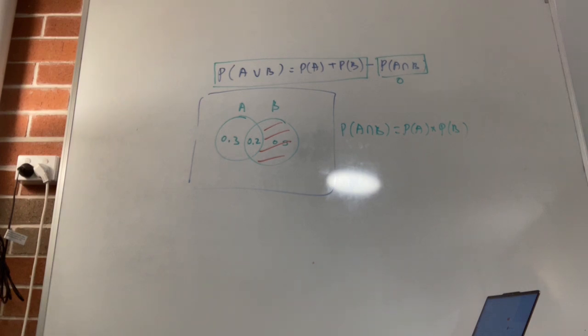Yeah. And this is A and B, 0. Is that mutually exclusive? Sorry, I was thinking of proving independence. Yes, you're right. Good. That's all.